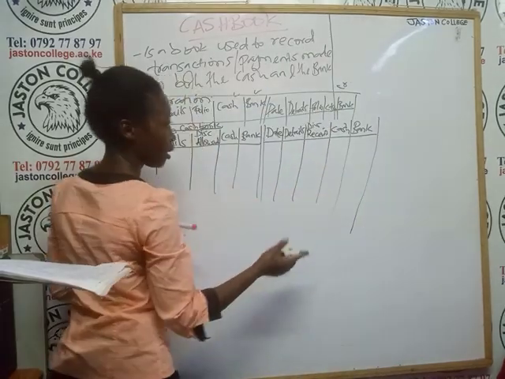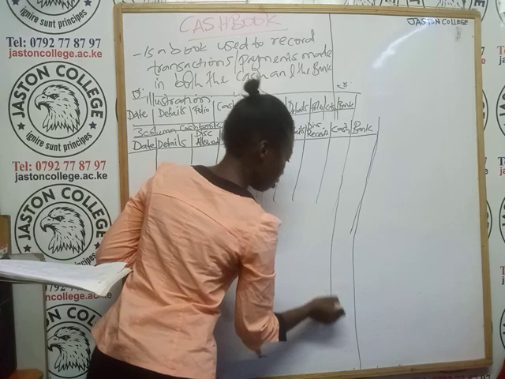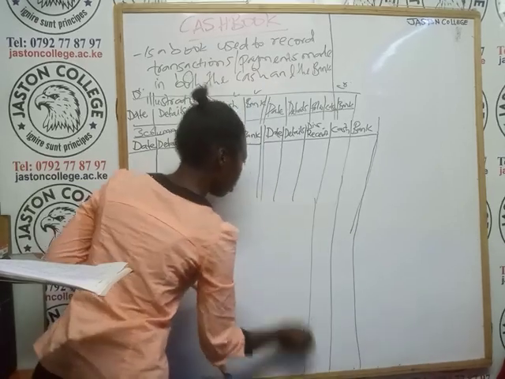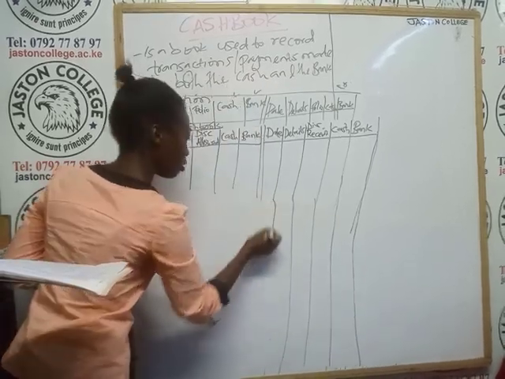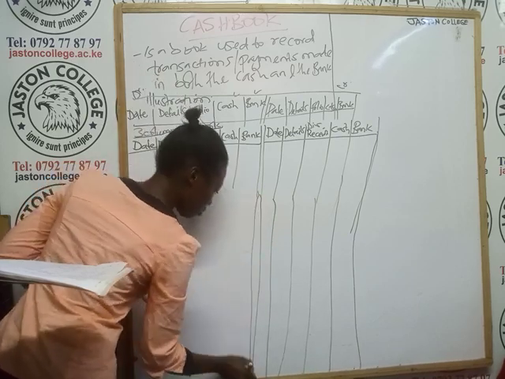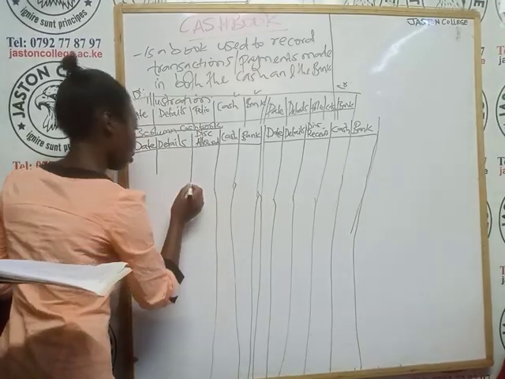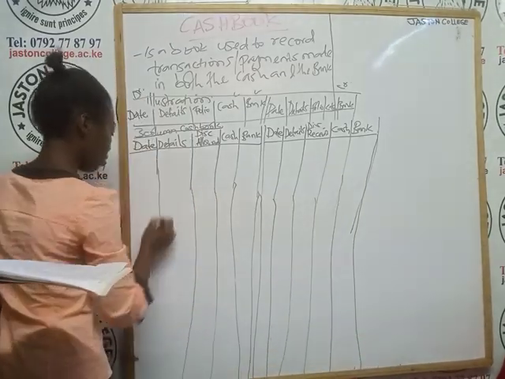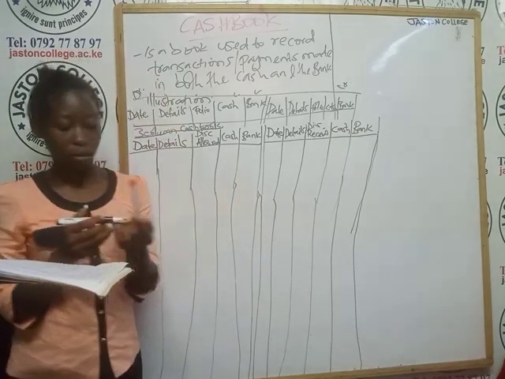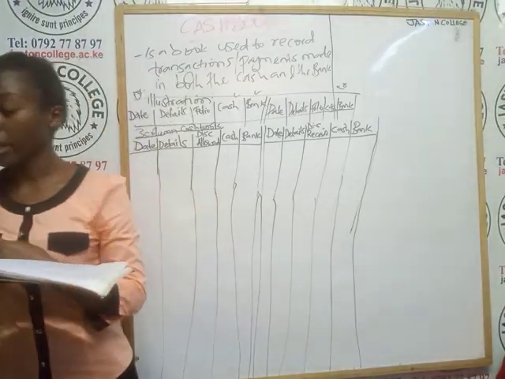So this is the bank and the cash. So we have an example here, which we will do together.